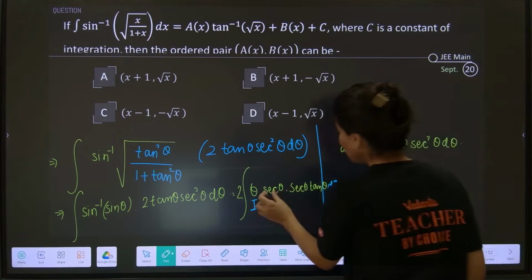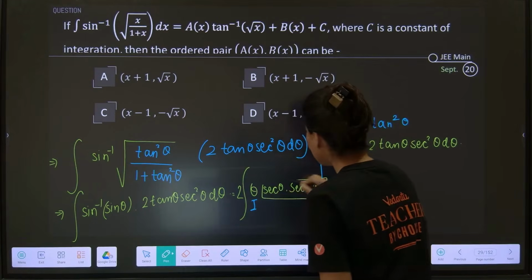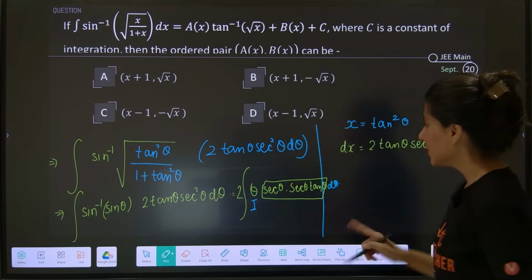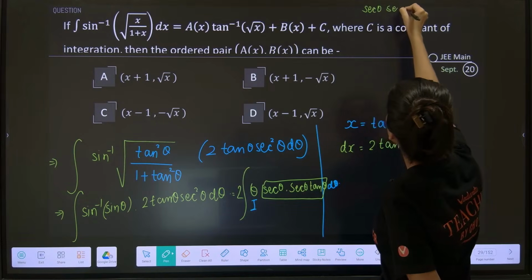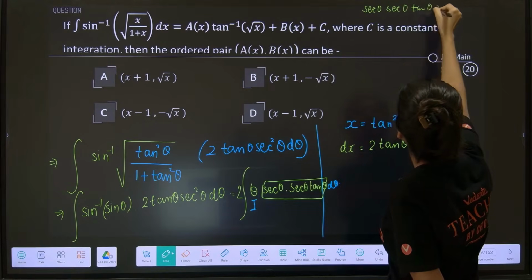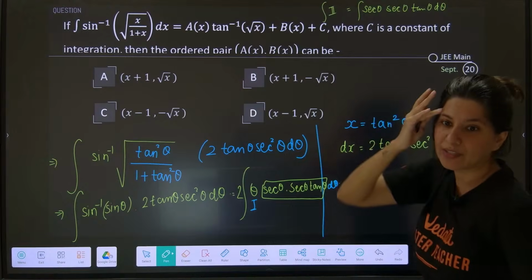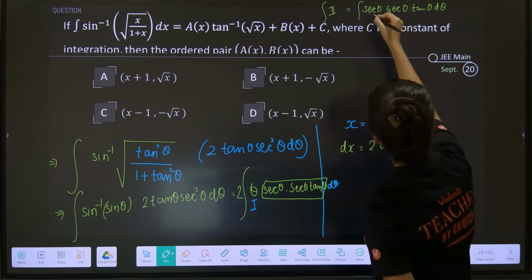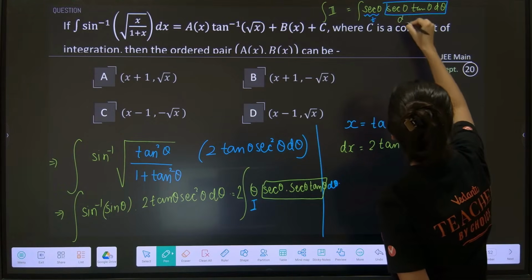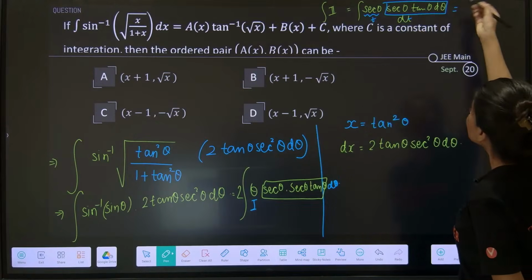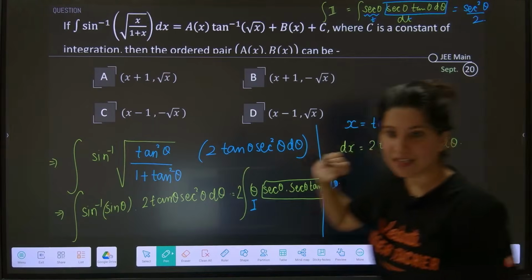Do we know the integration of sec theta tan theta? If I put sec theta as t, then sec theta tan theta d theta becomes dt, so we can integrate it: t square by 2, that is sec square theta by 2.